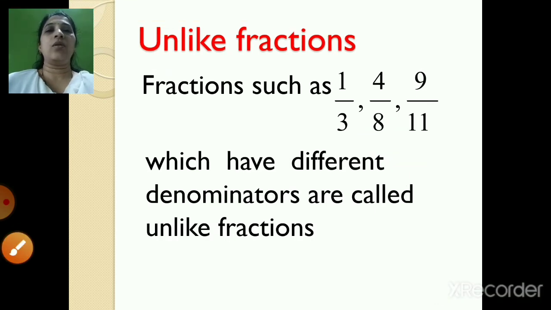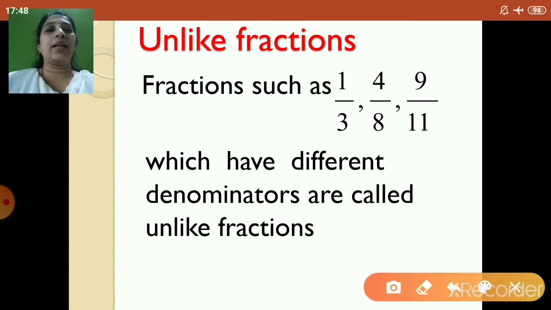Now let's move to another type of fraction, that is called unlike fractions. Fractions such as 1 upon 3, 4 upon 8, 9 upon 11, which have different denominators, are called unlike fractions. You can see children here, in 1 upon 3 the denominator is 3, in 4 upon 8 the denominator is 8, and in 9 upon 11 the denominator is 11.